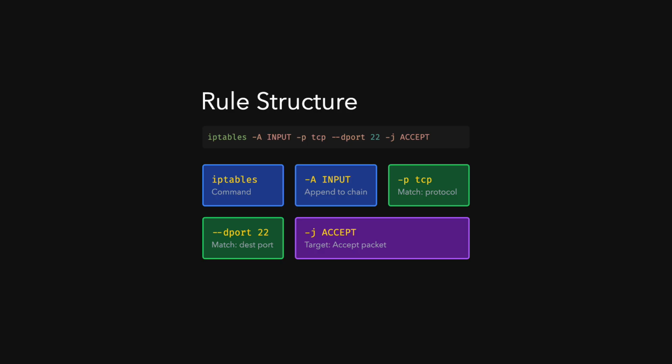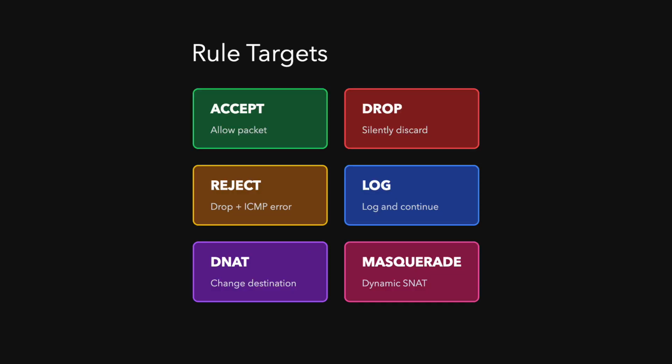Within each chain, rules are evaluated sequentially from top to bottom. Each rule has match criteria: protocol, source IP, destination port, interface, connection state, etc. And a target or action: what to do if the packet matches. And we have common targets. It is accept, drop, reject, log, DNAT, SNAT, masquerade.